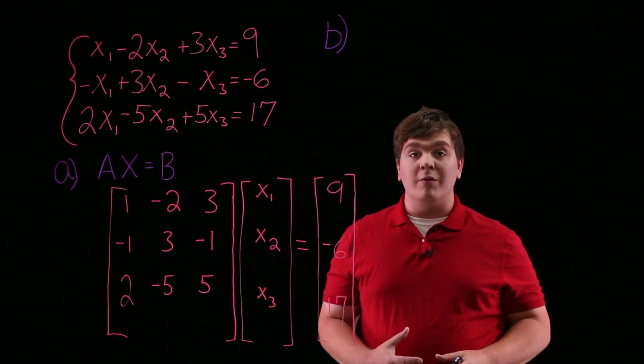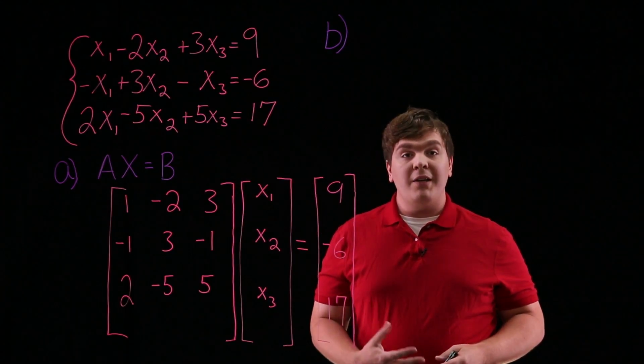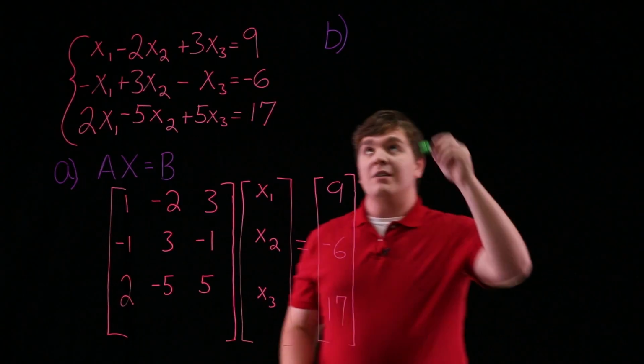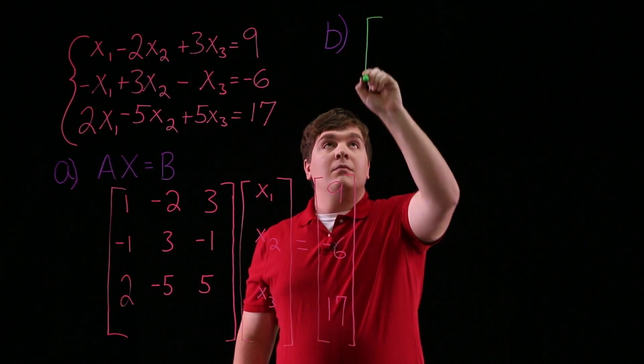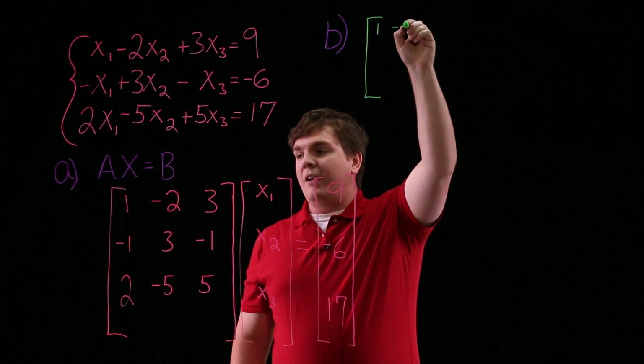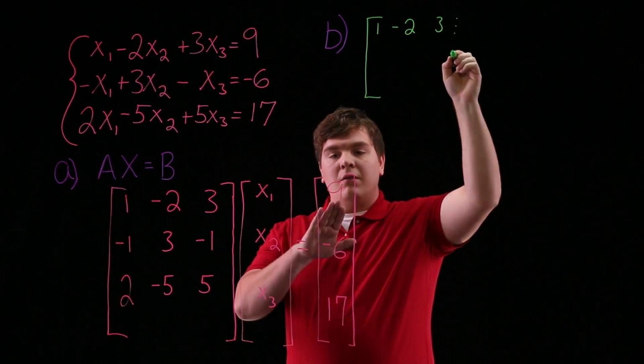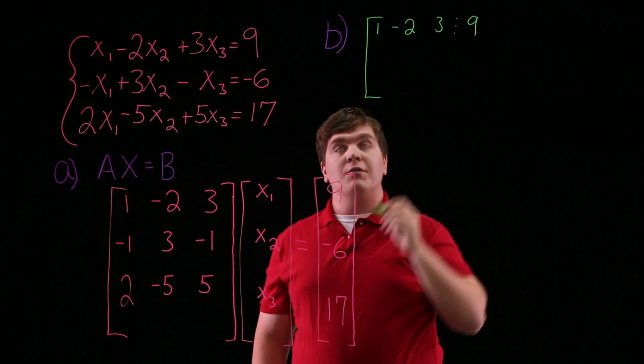Now for part B of this problem, we're asked to use Gauss-Jordan elimination to solve the system. So let's begin by writing our augmented matrix. So we'll have 1, -2, 3, and 9 in the first row.